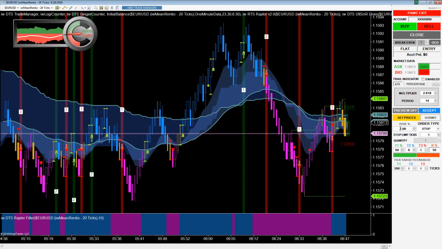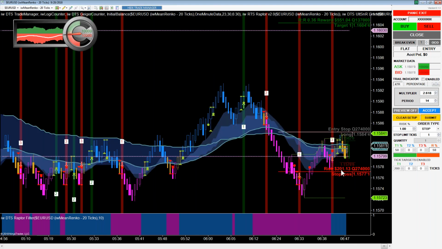But the risk percent mode works very well. And what I can do is I can dial it down to whatever percentage of my trading capital I want to use. And then when I go to set my stops, notice that the risk amount will not change.